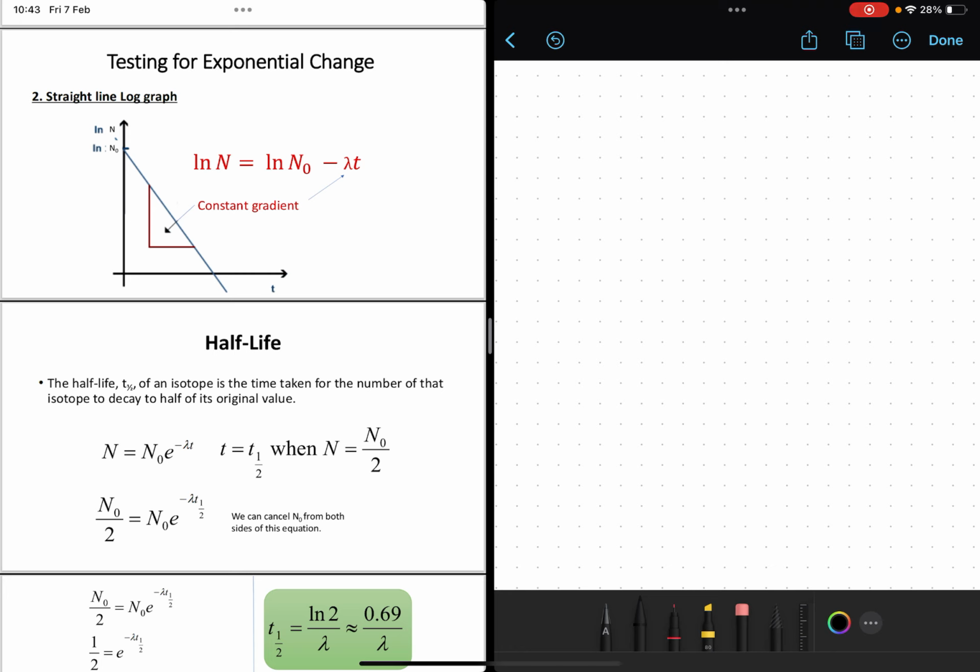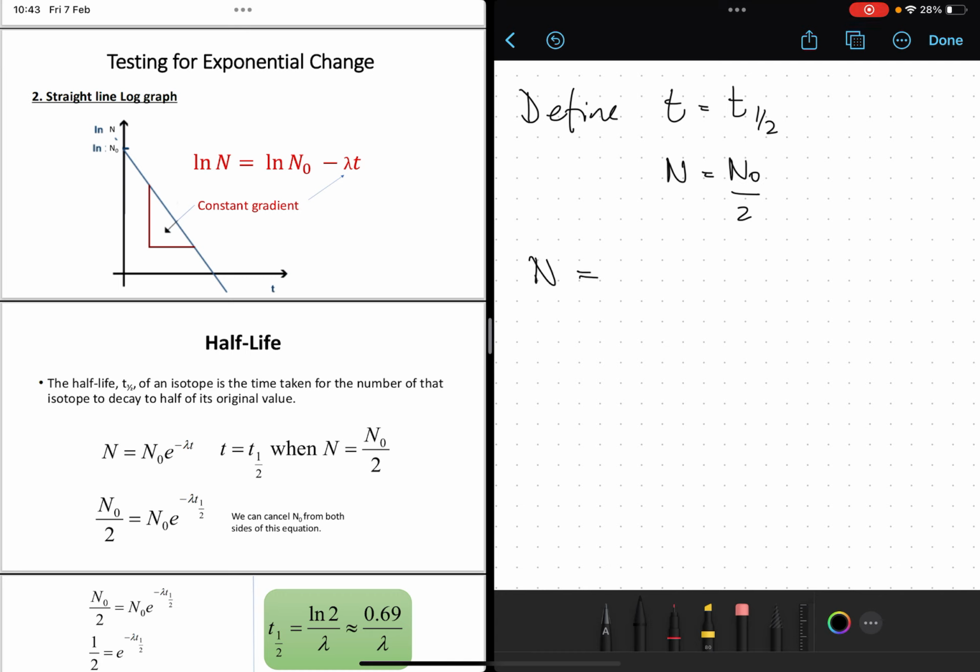Okay, because A is directly proportional to N. So we're going to define half-life then as the amount of time it takes for N, the starting number of undecayed nuclei, to halve. Okay, and we're going to use that little half subscript against T to denote that we're not just talking about any amount of time now. It's the half-life that we're talking about.